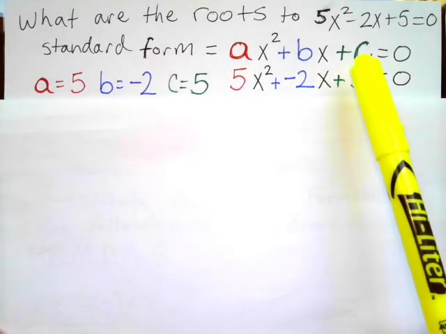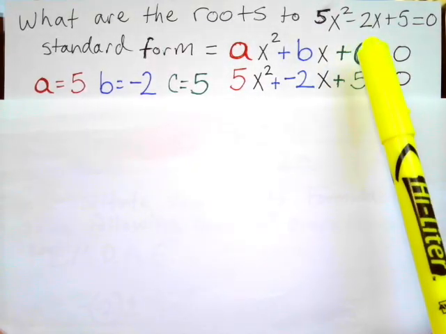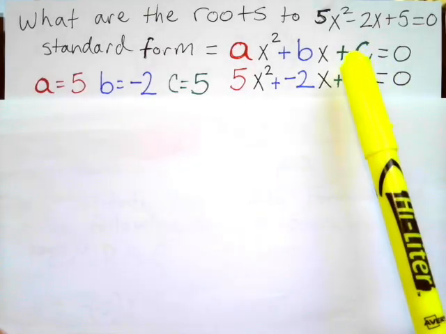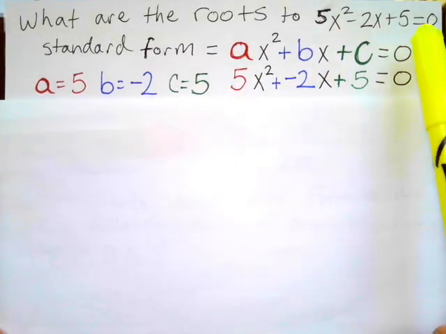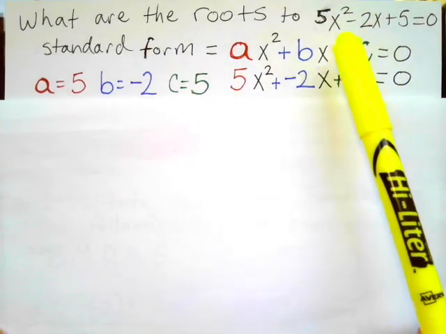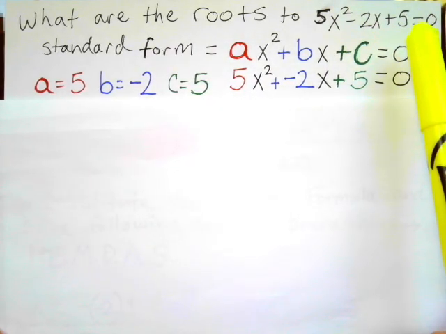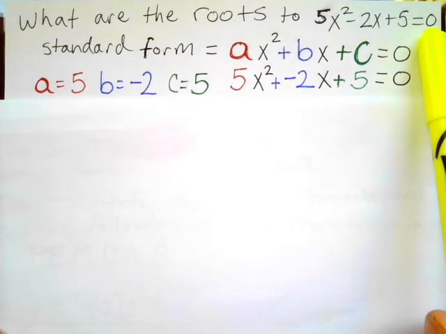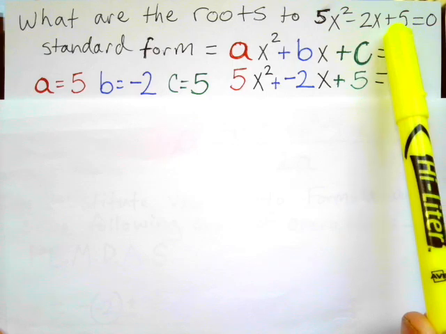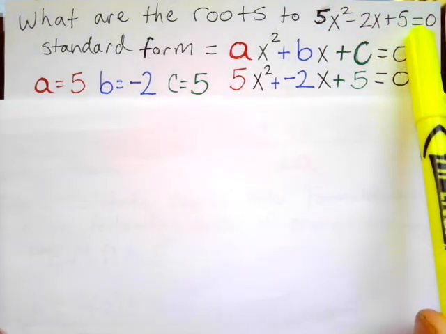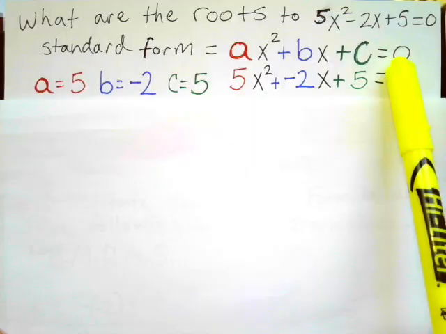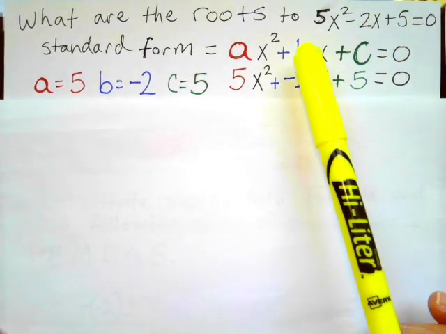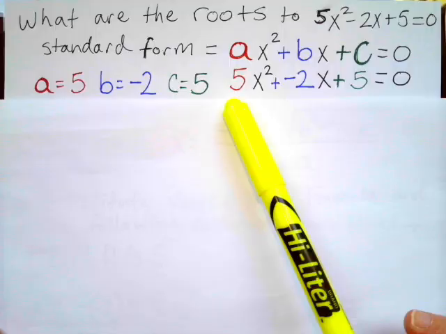And your c value is typically the constant, or the number all by itself. If you have an equation that's not set equal to 0, and thankfully we are in this problem, it's already set equal to 0. But if this 5 was on the right side of the equal sign, you'd have to do the inverse, the opposite of a plus or minus 5, and bring it over, because you have to be in equal 0 form in order to label your C, your B, and your A values.